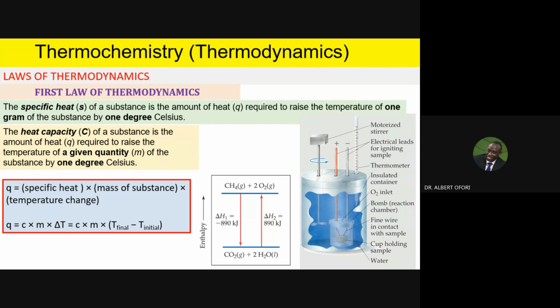I'm talking of conductors, heat conductors, not the insulators, the ones that will not allow heat to flow through them. We can't measure their heat, because they will not allow the heat. We're talking of those conductors that can carry heat through them.